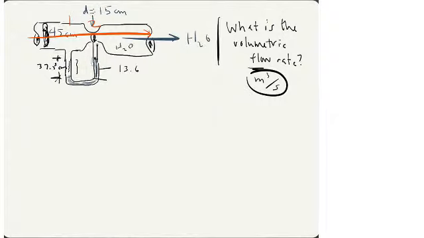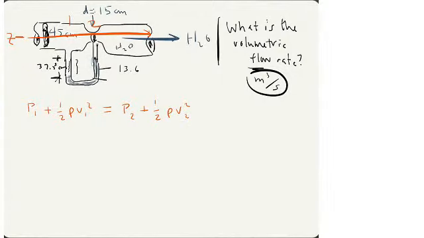If you recall, the Bernoulli relationship is something like this: P1 plus 1/2 rho V1 squared. Now notice that there is no change in Z, so I'm just going to drop out the Z term. Equals P2 plus 1/2 rho V2 squared.